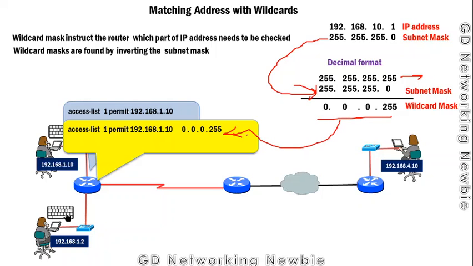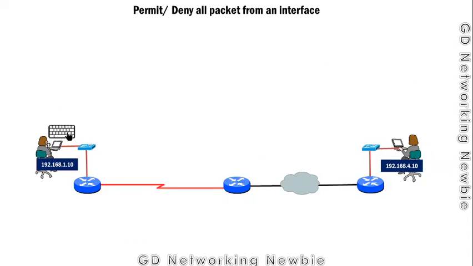So you can see we can get this wildcard mask using binary notation as well as the decimal format of numbers. And then we have one deny all or permit packet. One interesting thing is that by default, the router uses deny any at the end of any ACL.